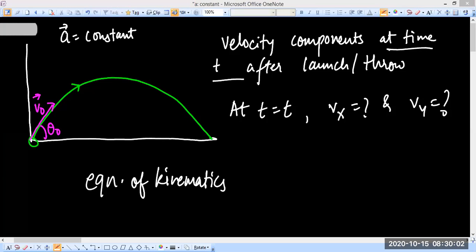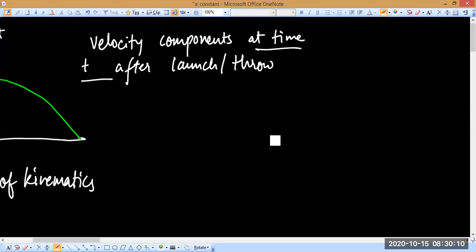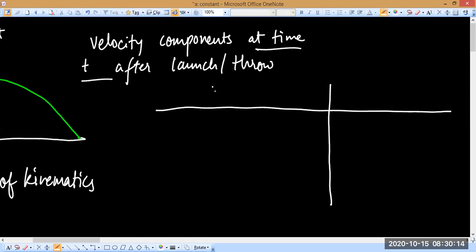Okay, so for Vx, let me make two columns, one for x and one for y, so we can do the respective calculations and it's easy for you. This is the x party and this is the y party.